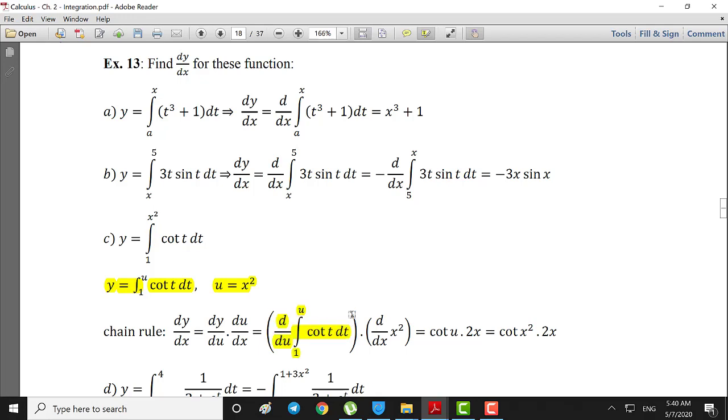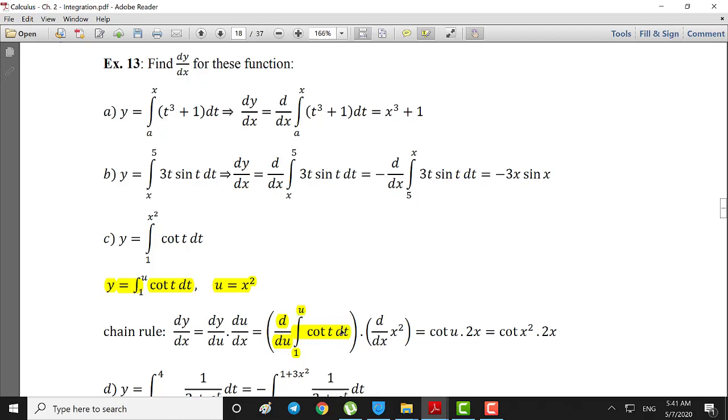According to the fundamental theorem of calculus part 1, because here we have d over du, and here we have the upper limit of the integration as the thing with respect to which we are calculating the derivative, we can say that this derivative is equal to this integrand, which is cotangent of t, evaluated at u.